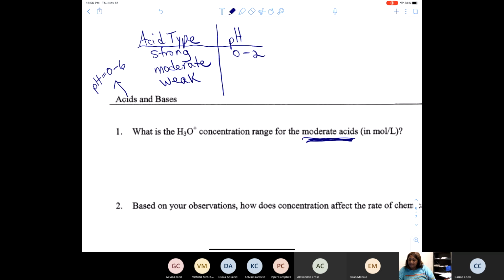A weak acid, 5 and 7. And then moderate would be between 3 and 5. So if your moderate acid pH ranges, we'll say 2 to 5.